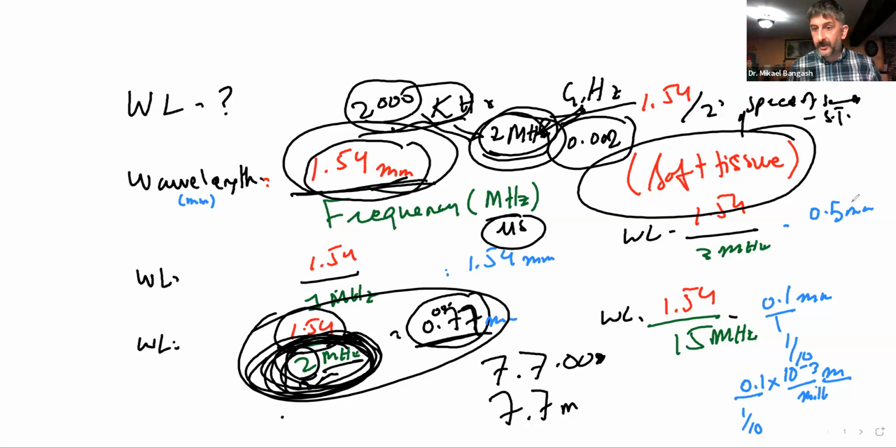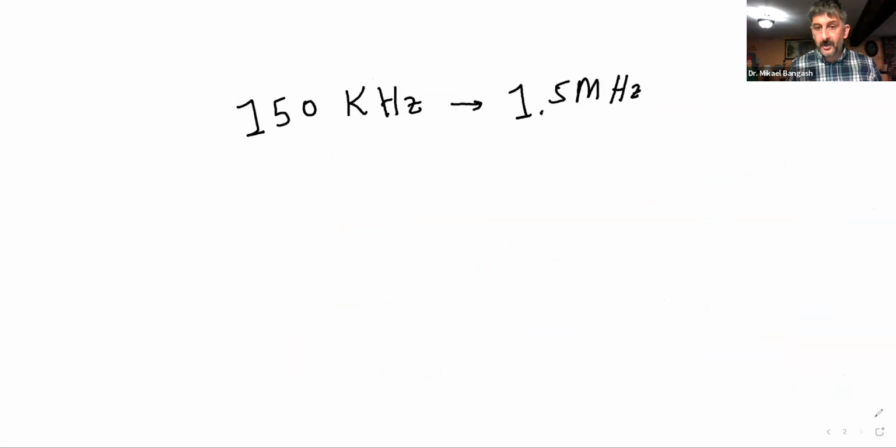Now, after you calculate your math, let's say we determine the wavelength, for instance. After doing your math, you say, I calculated that my wavelength, just for the sake of argument, is 1.54 millimeters.